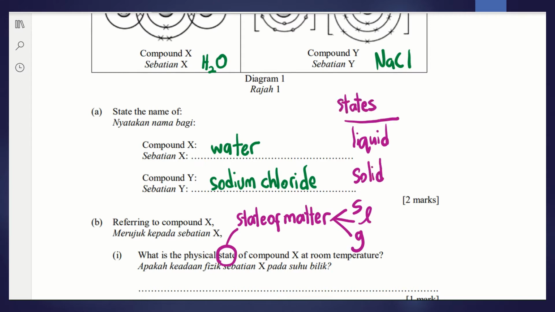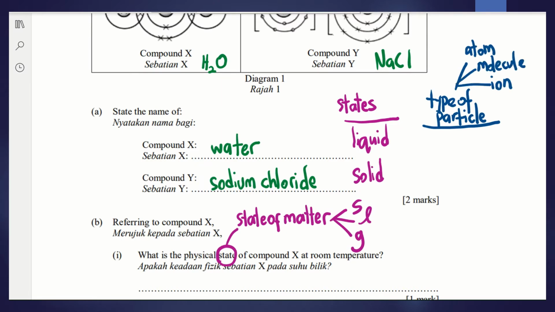What if the question asks you the types of particle? We have 3 types of particle, which are atom, molecule and ion. The type of particle in compound X is molecule, and for compound Y it is ion.